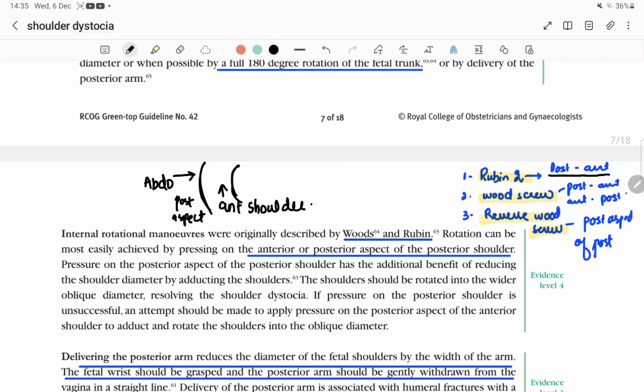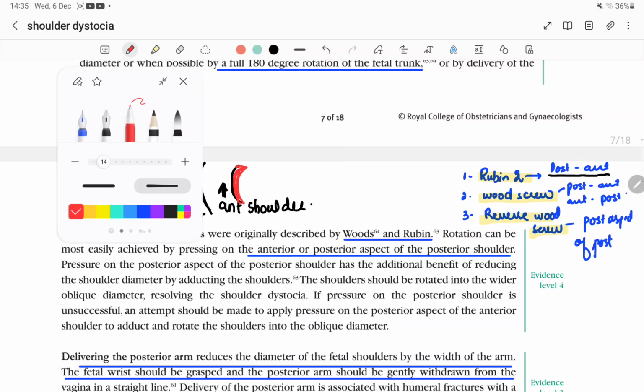Let me change the color so it is easy for you. This is the anterior shoulder, and the pressure we will take as blue.